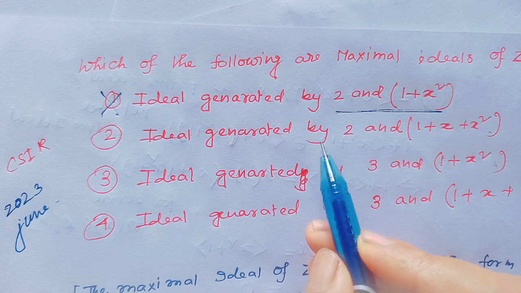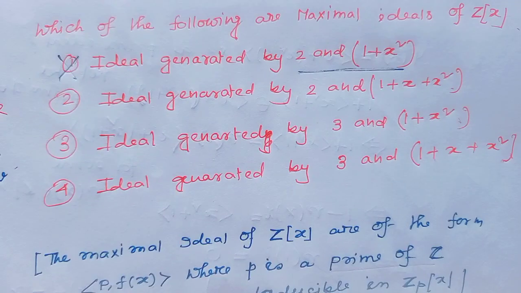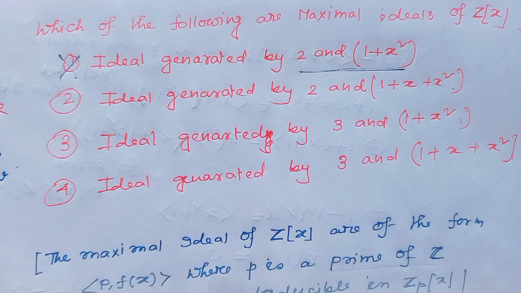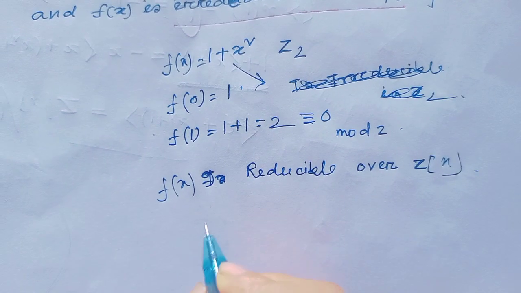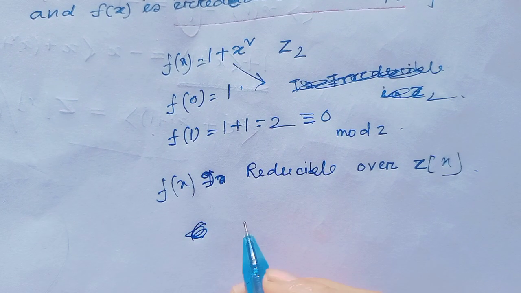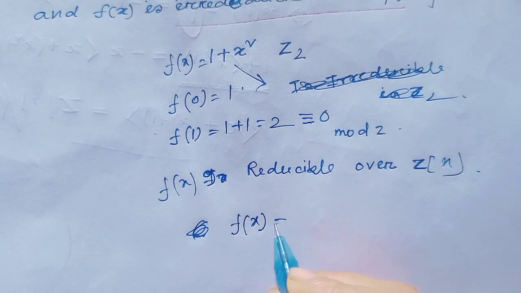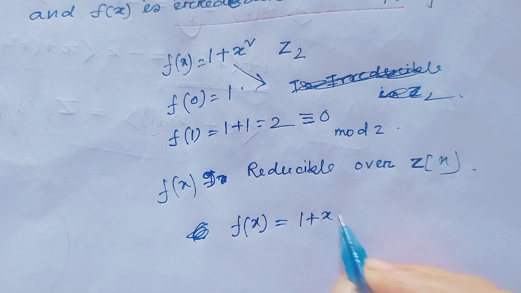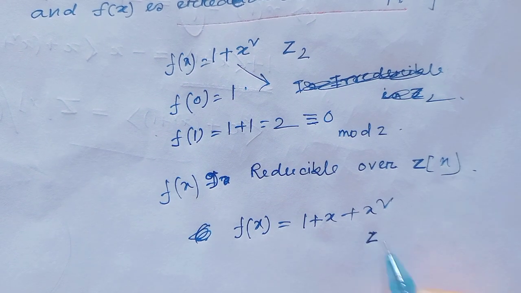Option 2, ideal generated by 2 and 1 plus x plus x square. Here f(x) equals 1 plus x plus x square. We have to find whether the polynomial is irreducible in Z2.